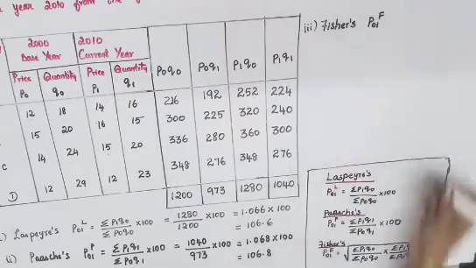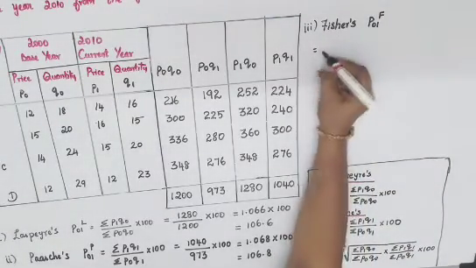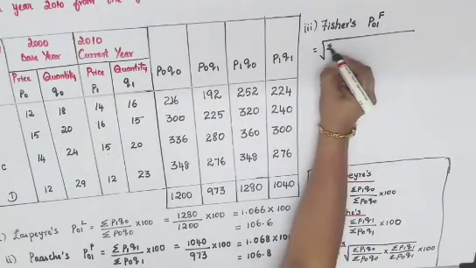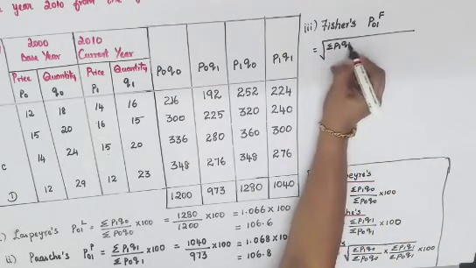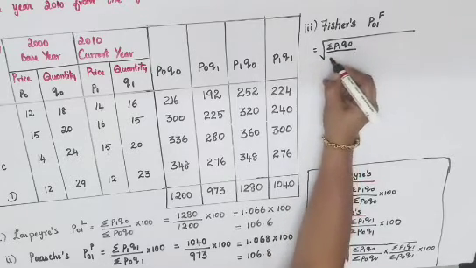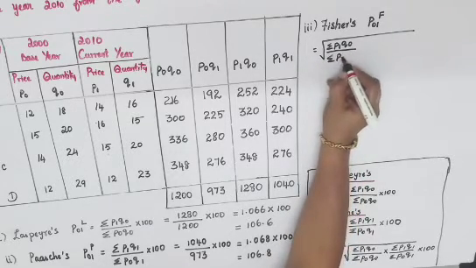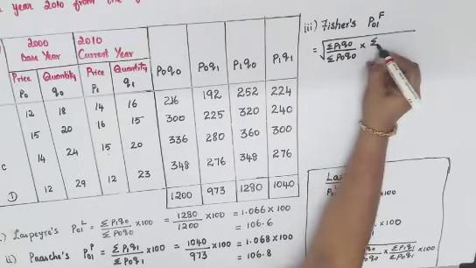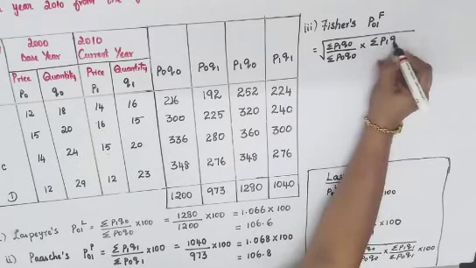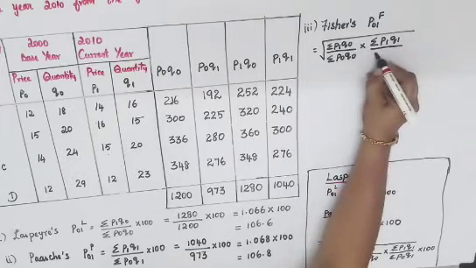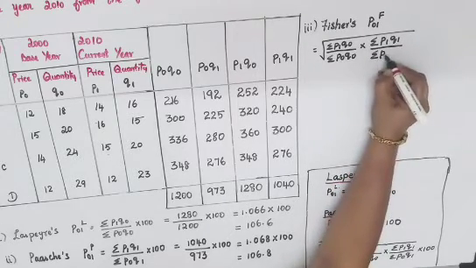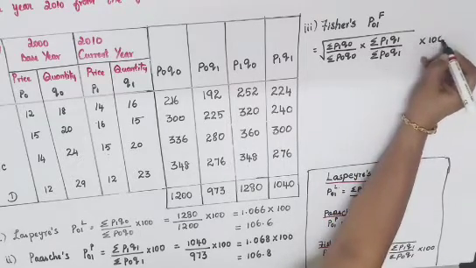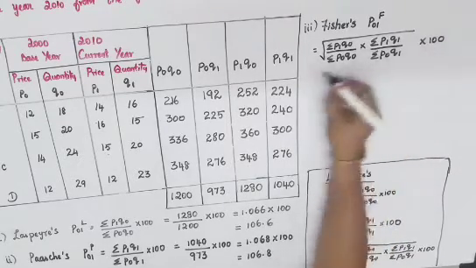So your formula, I just wrote it here, which is equal to root of sigma P1 Q naught divided by sigma P0 Q naught into sigma P1 Q1 divided by sigma P0 Q1 into 100. So 100 is separately outside, not inside the square root.